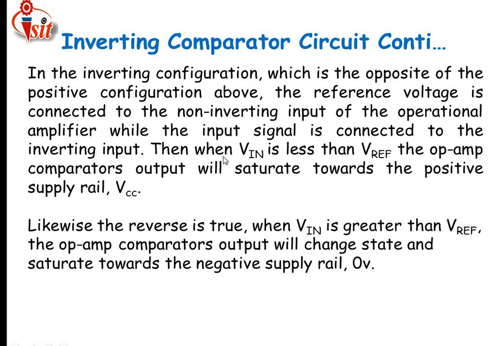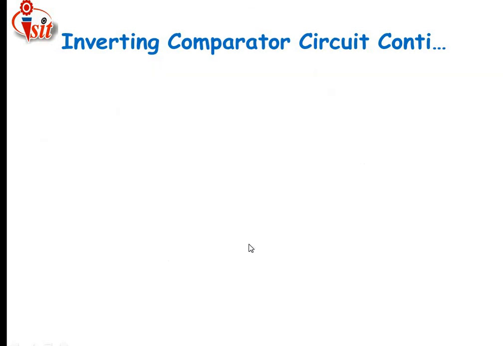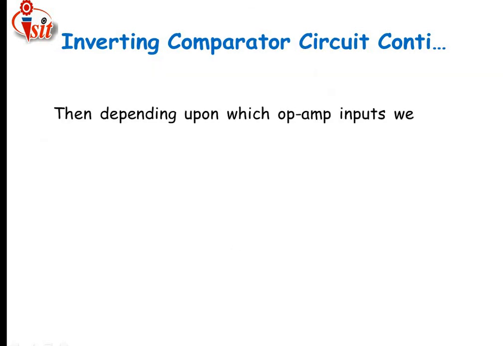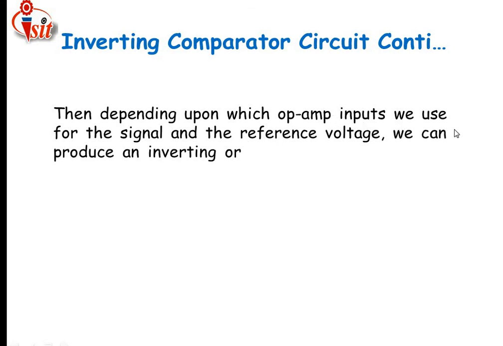Then when Vin is less than V reference, the op amp comparator's output will saturate towards the positive supply rail, that is VCC. Likewise, the reverse is true when Vin is greater than V reference. The op amp comparator output will change state and saturate towards the negative supply rail, that is 0 volt.